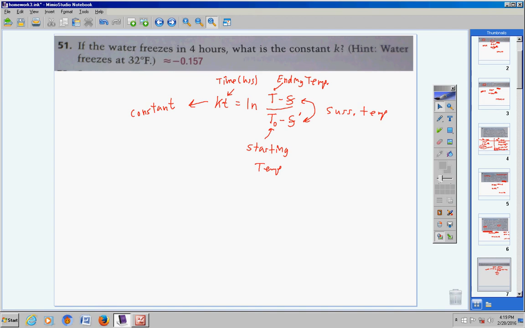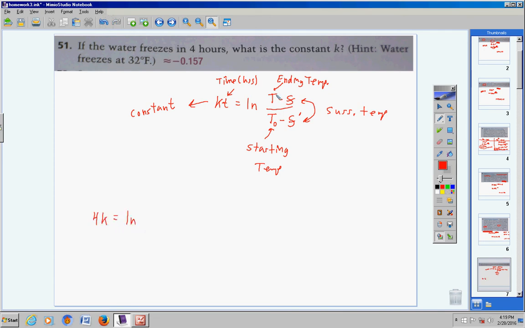Alright, so listen to me carefully. We're looking for K, so we gotta fill everything else in, okay? Well, first of all, we're leaving the water in the freezer for 4 hours. So K is K, and T is 4. So I have K times 4, okay? If it's okay with you guys, I'm gonna go ahead and put 4K, because K times 4 is 4K, equals natural log.